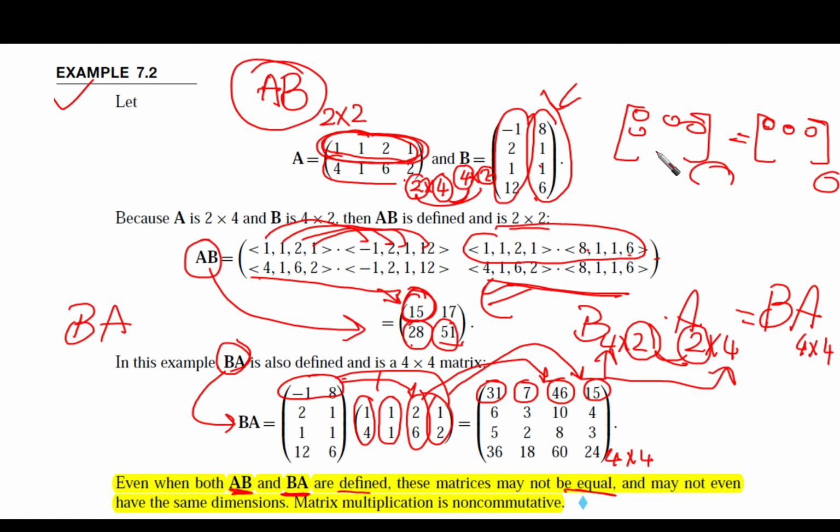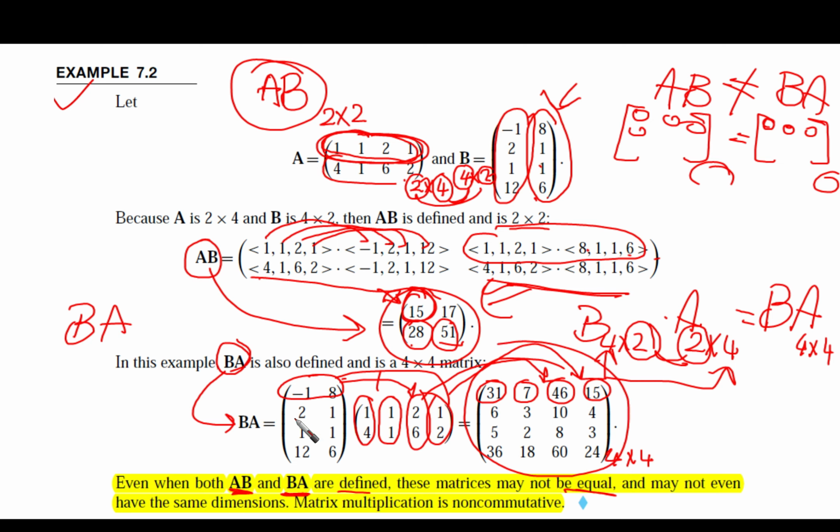In our case, AB does not equal BA. Okay, because as you can see, this is AB, totally different in dimensions and elements from BA. Okay, these matrices may not be equal and may not even have the same dimensions.